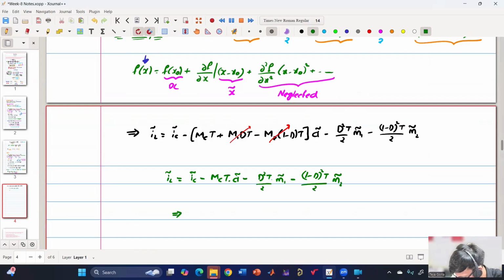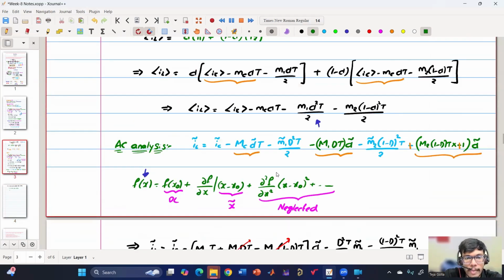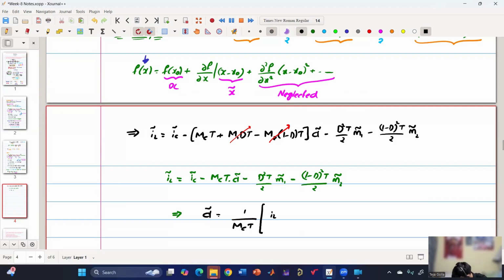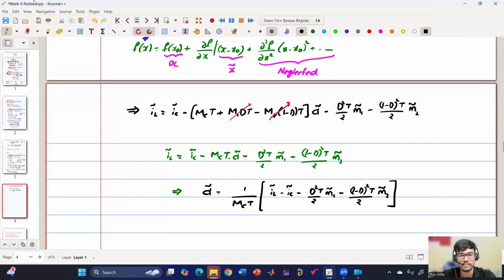So now if I want to write the D perturb expression, D perturb is equal to 1 by MCT into IL perturb minus IC perturb minus D square T by 2 into M1 perturb minus 1 minus D whole square into T by 2 into M2 perturb. Clear?